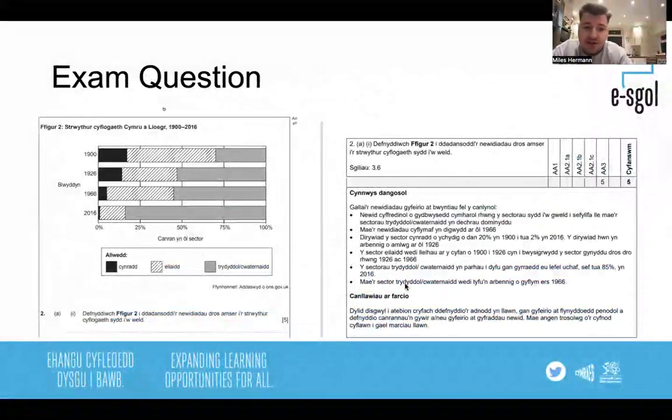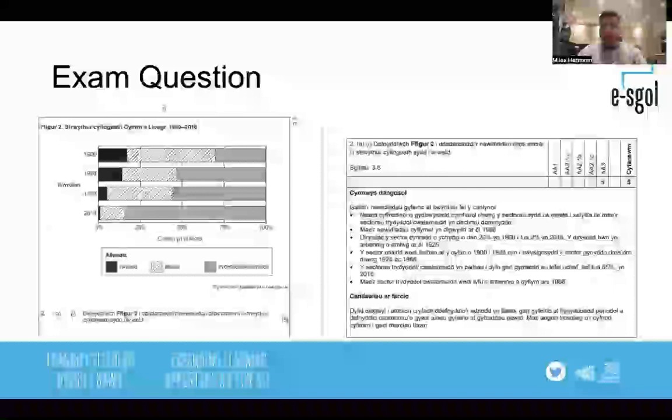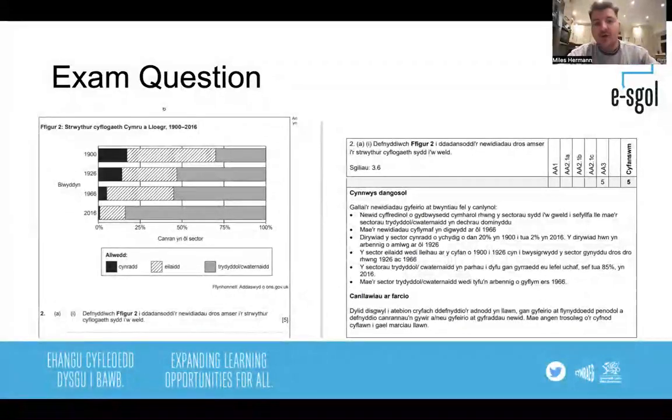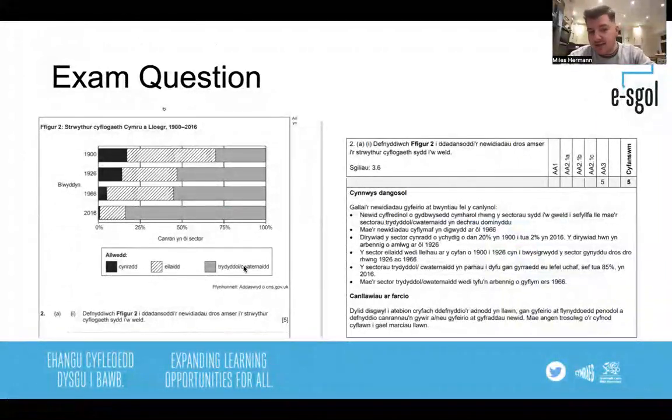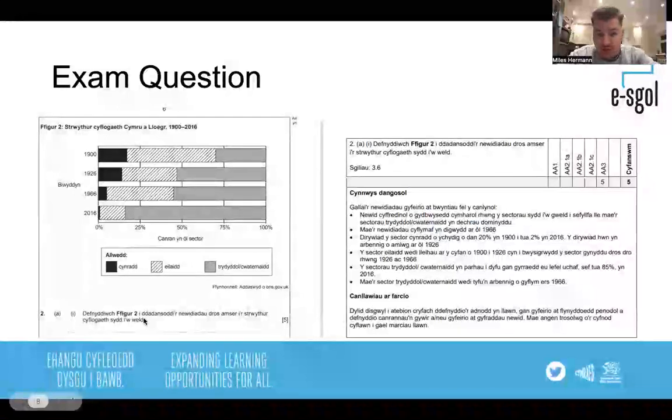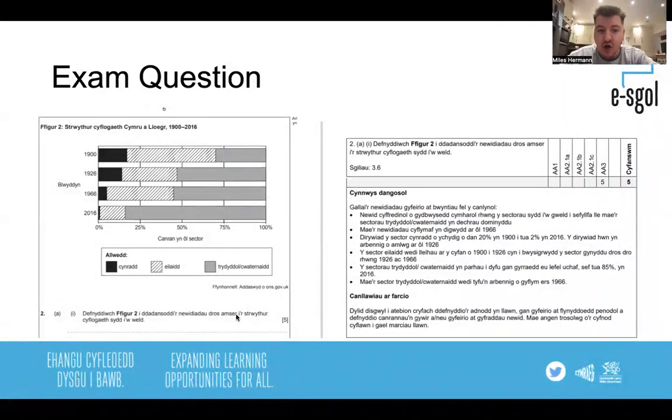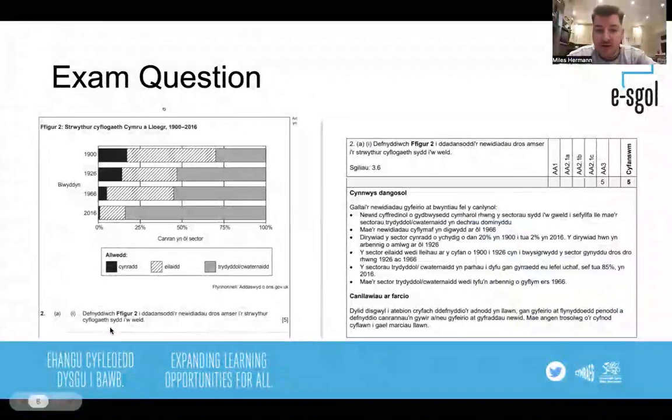This is an exam question. Unfortunately, it is in Welsh, but I can translate it for you. What it shows here is the primary, secondary, and tertiary sector over time, and it's asking us to use Figure 2 to analyze the changes over time to the employment structure that we can see.